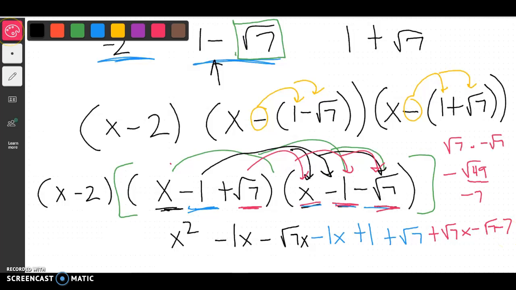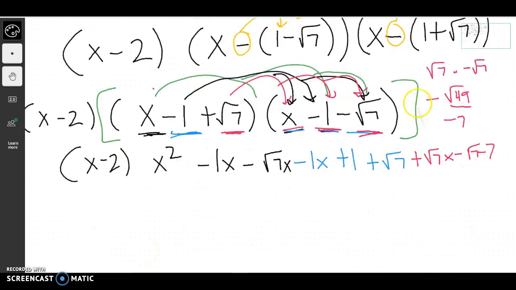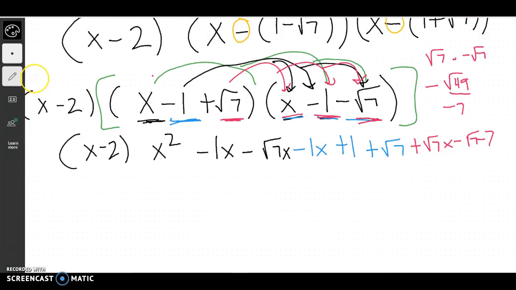Okay. Lots of stuff. Let's combine the lots of stuff. So, this is a negative radical 7. This is a positive radical 7. Those two things cancel. This is a positive radical 7. This is a negative radical 7. Those two things cancel.